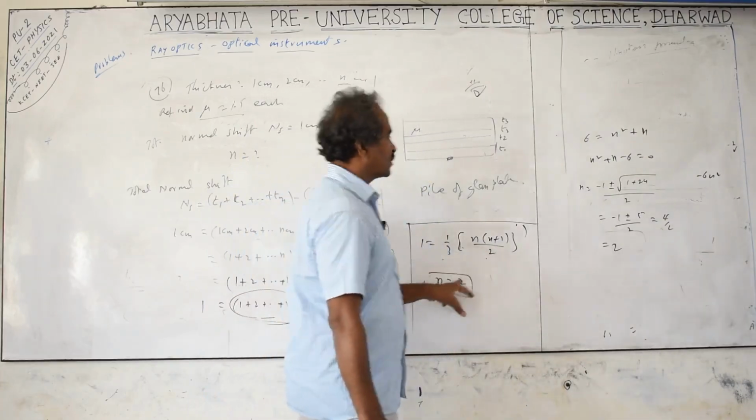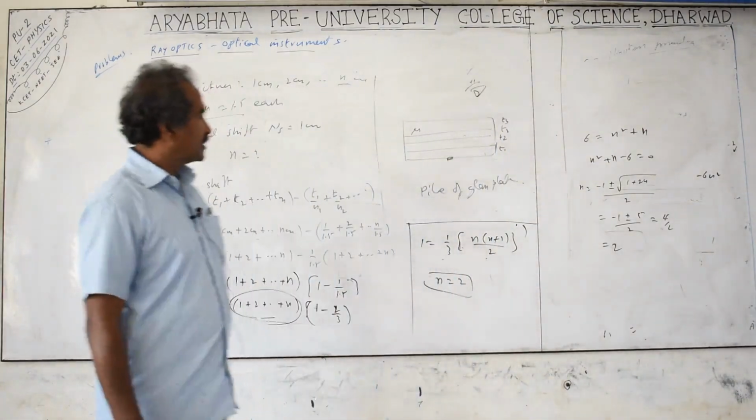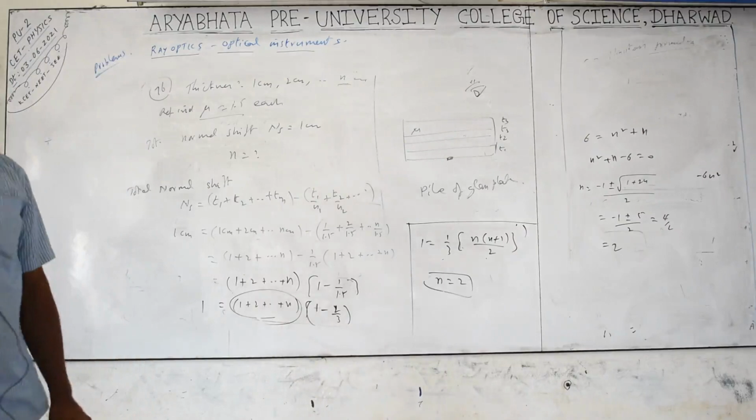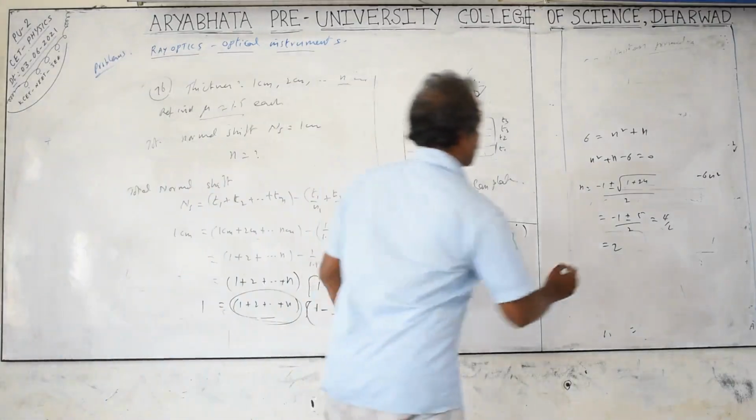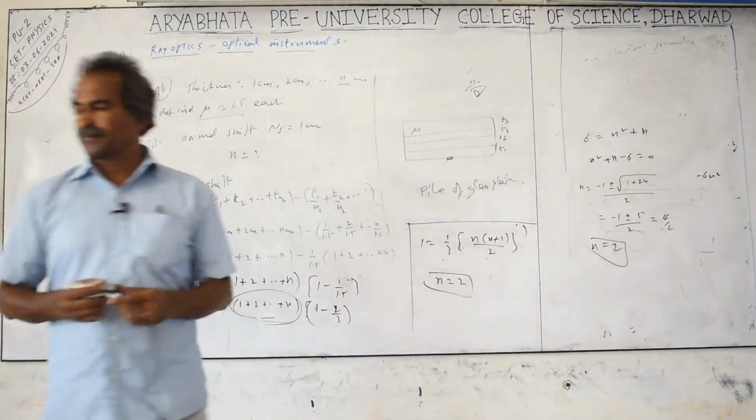Solving this, you will get n is equal to 2. The steps I gave here, you can check that. Solving a quadratic equation, you will get the answer as n is equal to 2. Means you are taking only up to 2 centimeters, not so many.